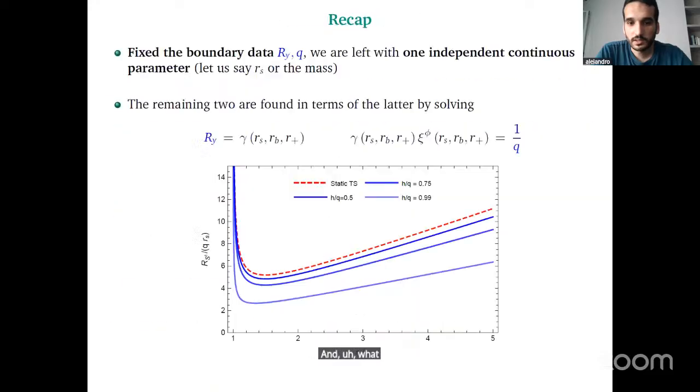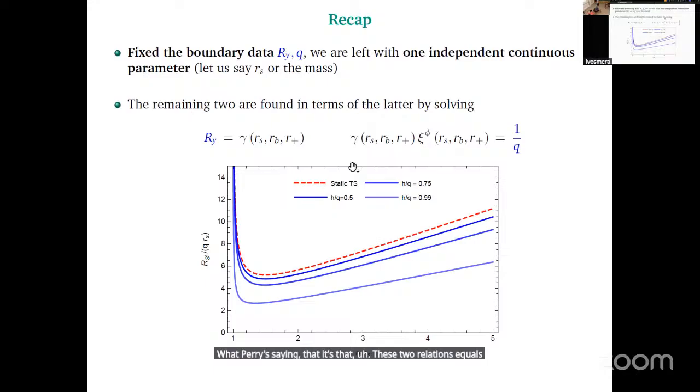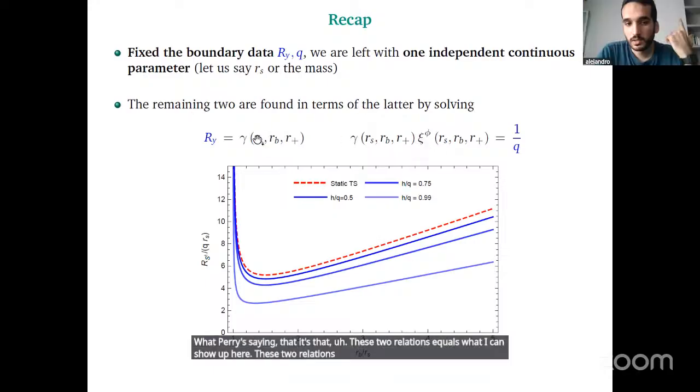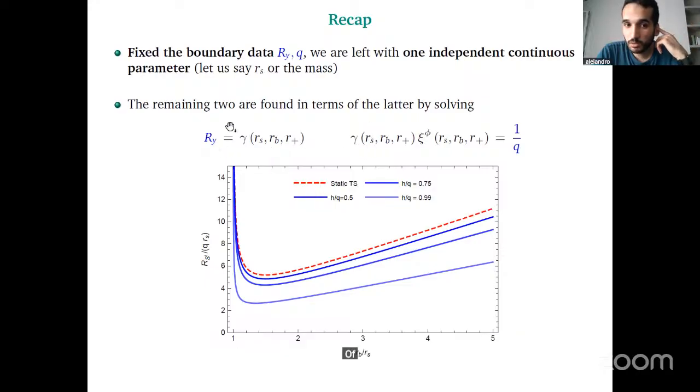What Pierre is saying is that these two relations that I show here can be thought of as determining the magnetic charge and the angular momentum in terms of the mass and the boundary data.